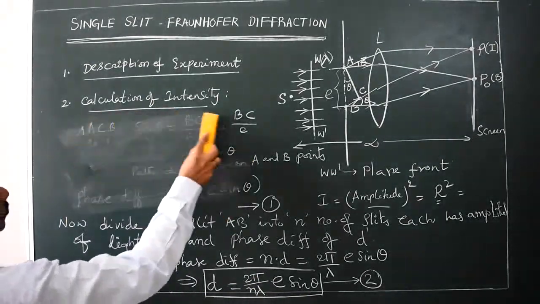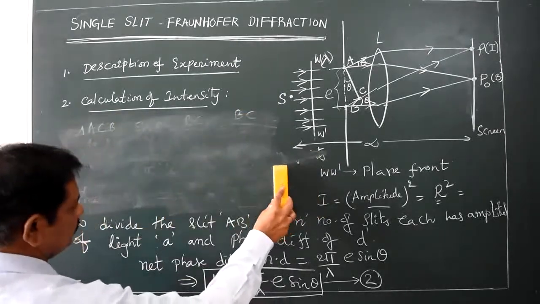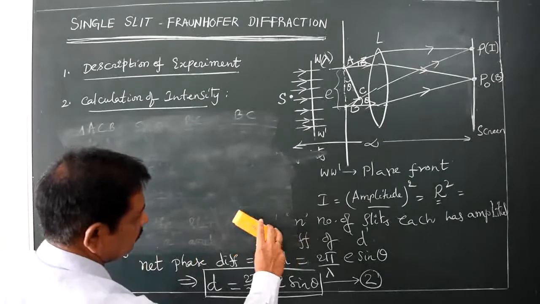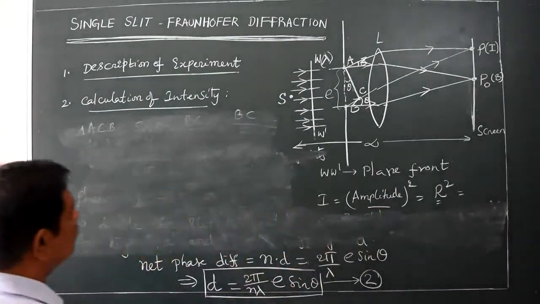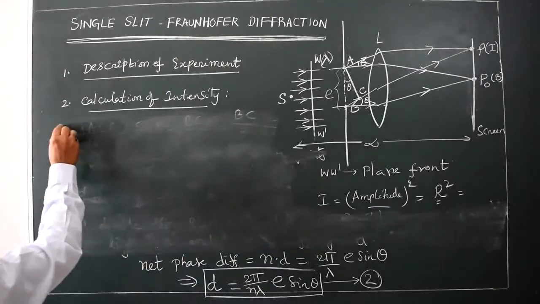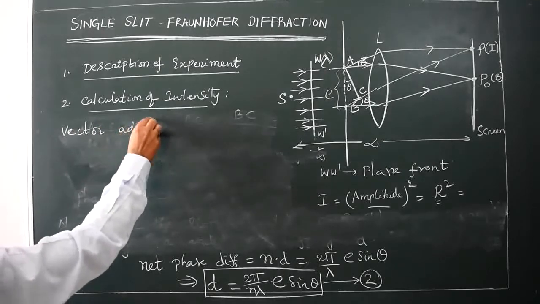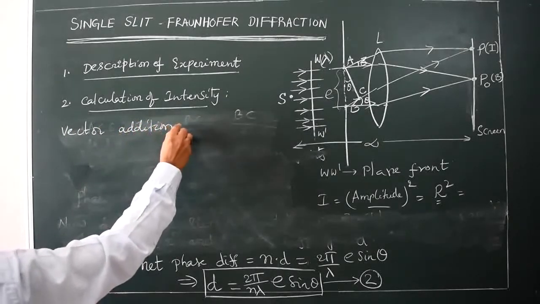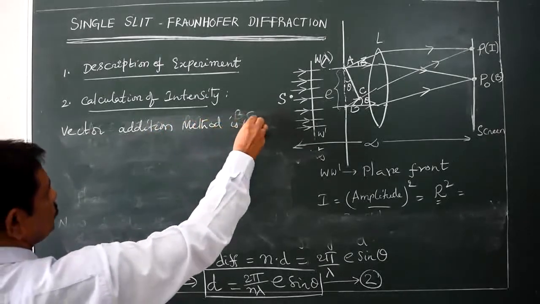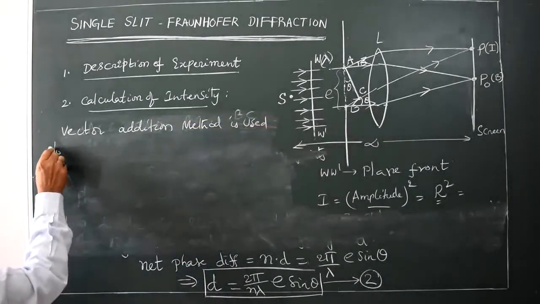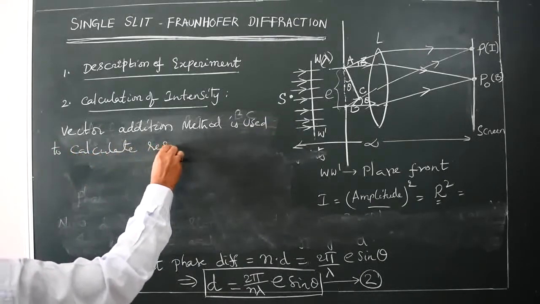Now let us go for calculating intensity, and we will use the vector addition method. The vector addition method is used to calculate the resultant amplitude.